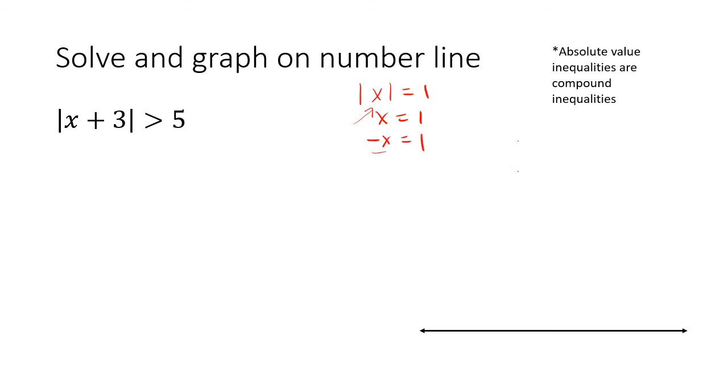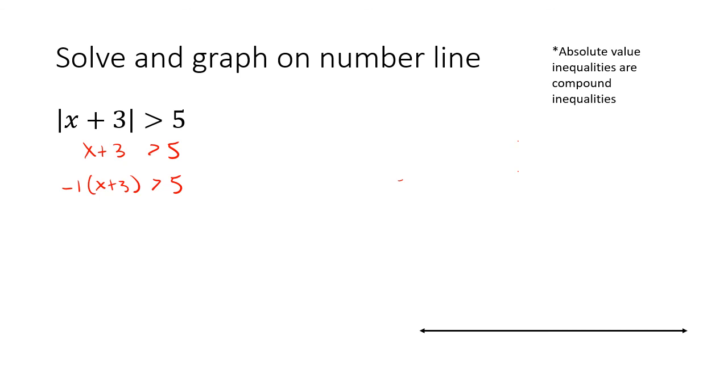Now, if you divide both sides by -1 here, you get x is equal to -1, which is why you would normally see this written as x is equal to plus or minus 1. So just keep that in mind, and we'll transfer that over to this inequality. It could be exactly what it says it is: x plus 3 could be greater than 5, or x plus 3 could be the opposite.